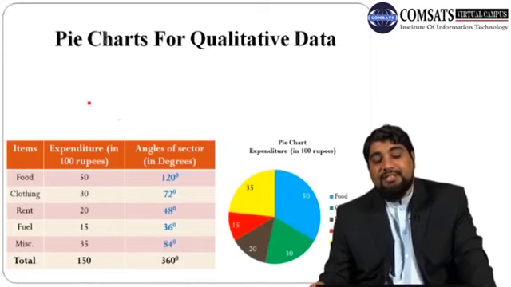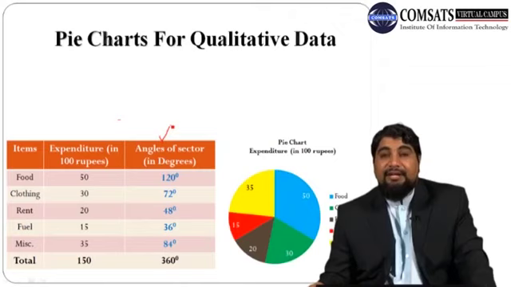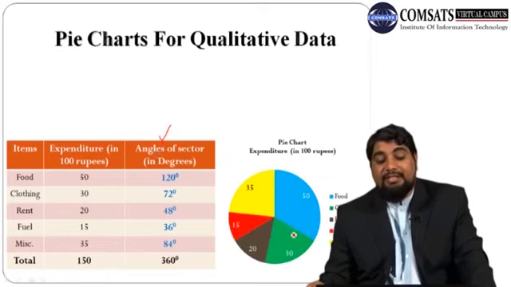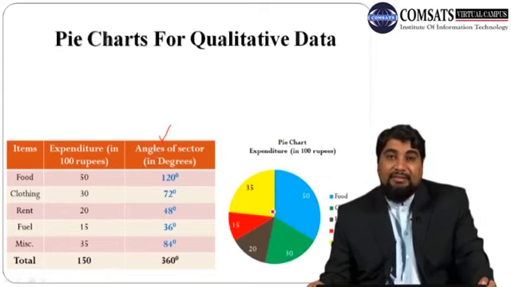So remember that we discussed in our previous lecture that we need to find the angle of each sector before constructing a pie chart. So first draw a circle and then subdivide the circle into different parts by measuring the corresponding angle of the sector.